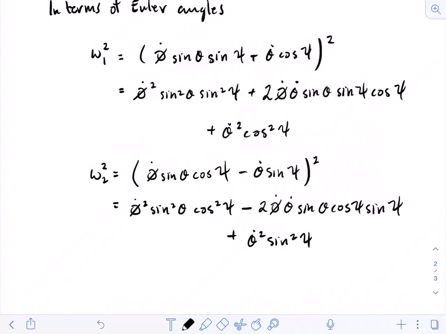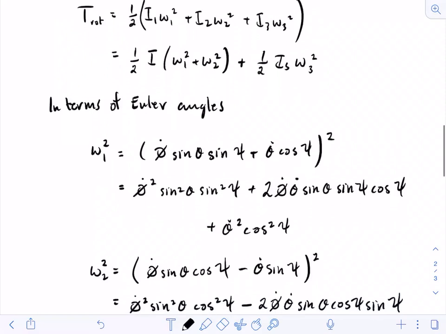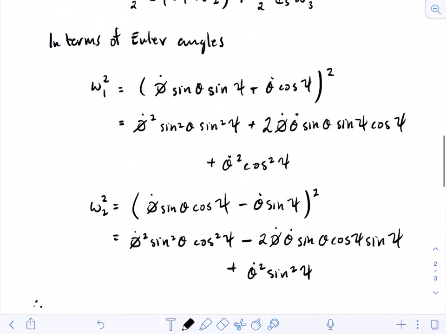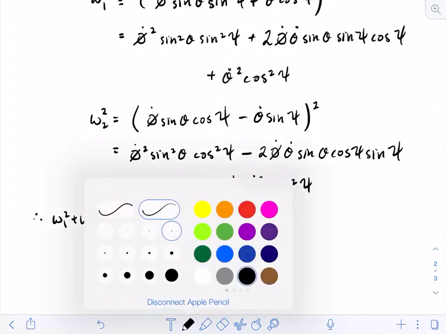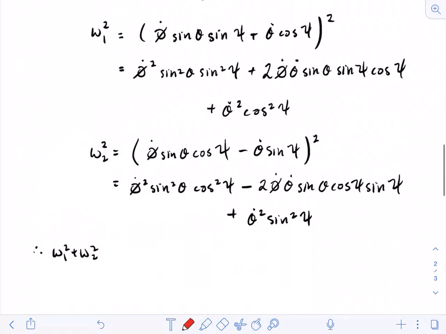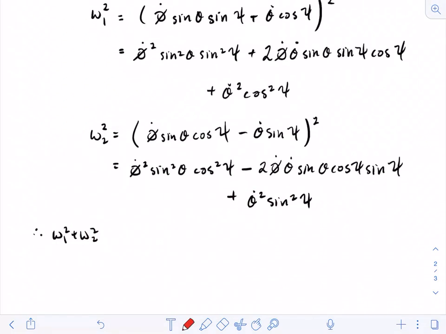Okay, what we need to do is add omega 1 squared and omega 2 squared. So we have omega 1 squared plus omega 2 squared. The first thing we can do is say, look, we have phi dot squared sine squared theta and phi dot squared sine squared theta.